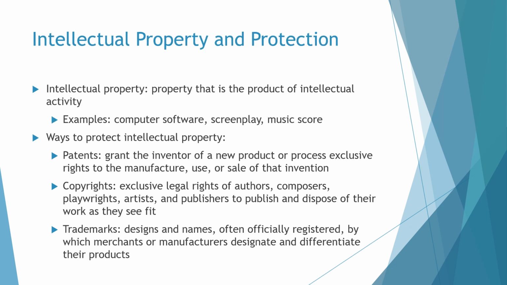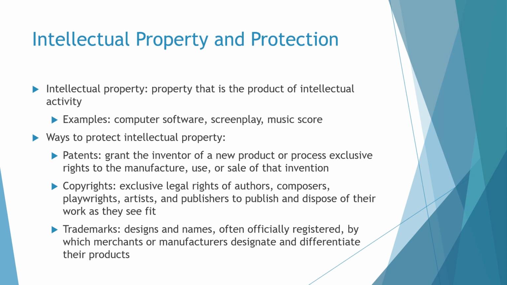Property rights also includes intellectual property. Intellectual property is property that is the product of intellectual activity. Examples of this would be computer software, screenplays, and music scores. There are many ways in which we can protect our intellectual property. Patents grant the inventor of a new product or process exclusive rights to the manufacture, use, or sale of that invention.